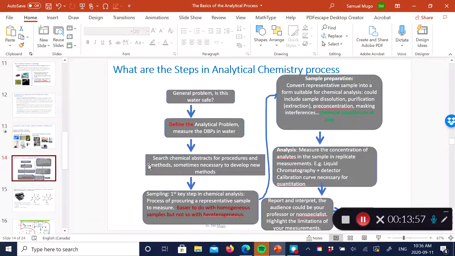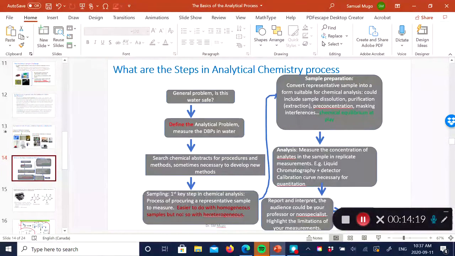And so you have to do a literature search on what others have done to solve a similar problem or the same problem. Now, the next step, when you determine the analytical method to use, at least on paper, is to go to the field and actually do the sampling.